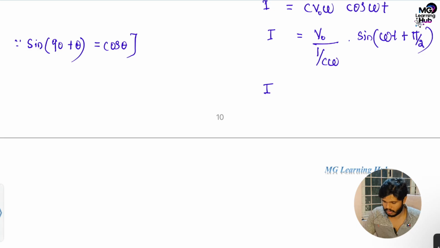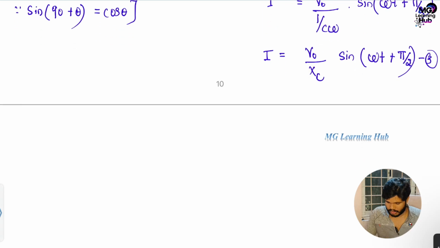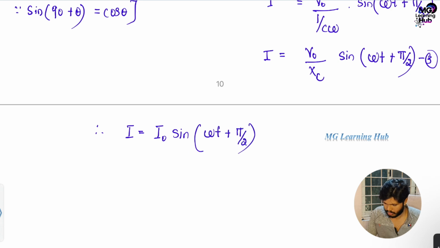Now this will be V naught by the whole term below, X C, into sin omega t plus pi by 2. Let us call this equation number 3. And therefore I is equal to I naught sin omega t plus pi by 2.